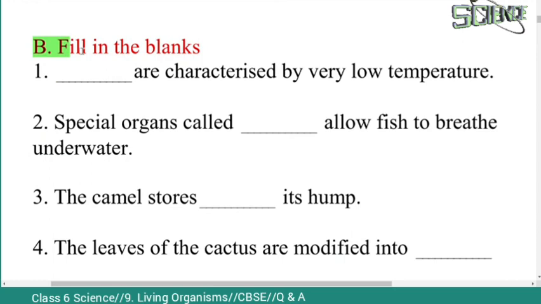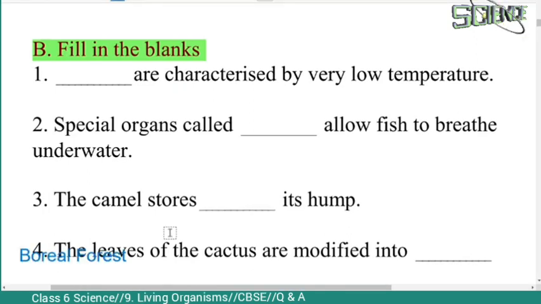Now section B, fill in the blanks. First one, dash are characterized by very low temperature. Boreal forests are characterized by very low temperature.